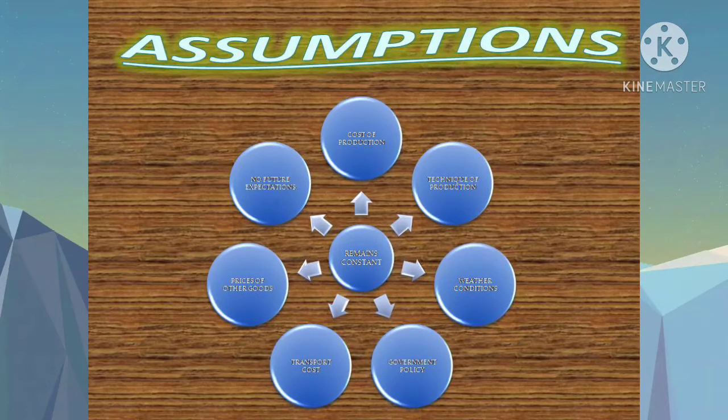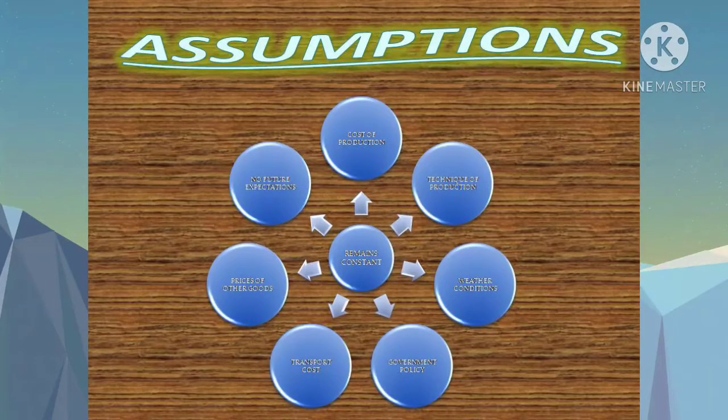Assumptions of the law. The law of supply is based on the following assumptions. First, constant cost of production. Second, constant technique of production. Third, no change in weather conditions.